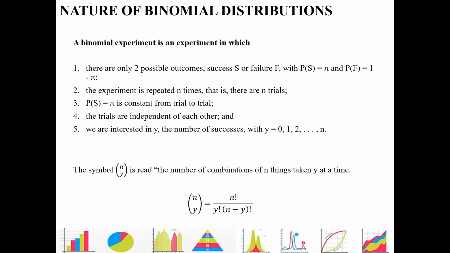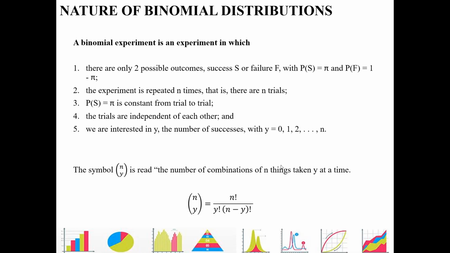So, ginagamit natin formula, the symbol n y is read the number of combinations of n things taken y at a time. So, we have n of y, ang basa natin dyan, is equal to n factorial over y factorial multiplied by n minus y factorial.